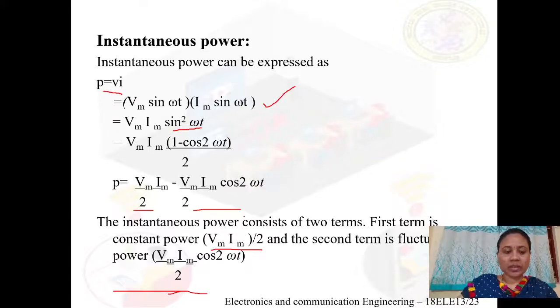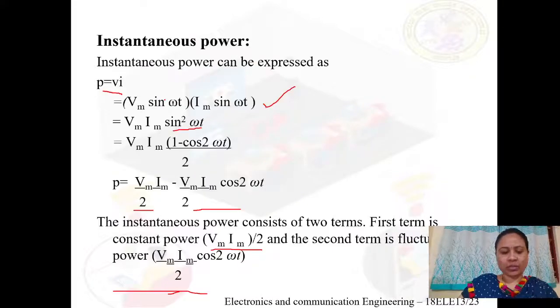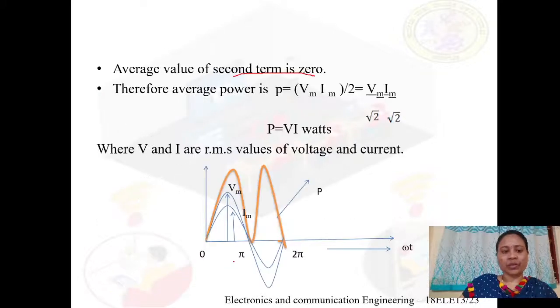Therefore, the second term average value can be considered as 0. Or we can also say the average value of the sinusoidal term where the frequency is twice the applied voltage frequency is always 0.